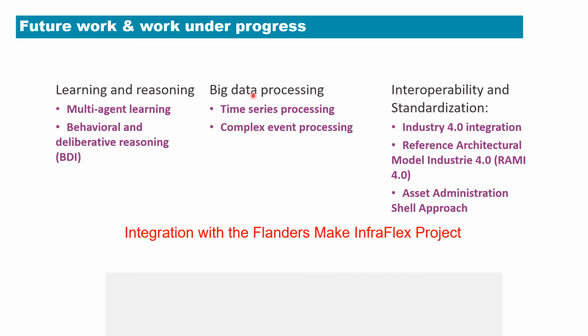And also we plan to utilize technologies that can process big data and a huge amount of data generated in real time from the physical components. Complex event processing can also be used, for example, to detect some deviation or some patterns.